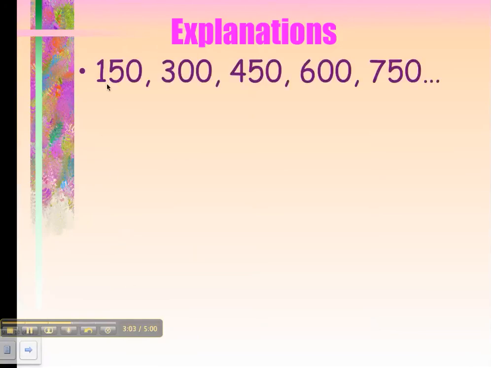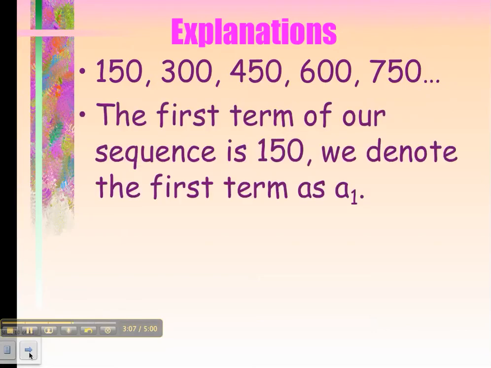So we're going to explain a couple parts of what a sequence is. Let's say I take the sequence from before, and it could actually keep going. The first term of our sequence is 150. That's this number here. Now, to denote the first term of a sequence in general, we're going to use the term a sub 1. That represents the first term in a sequence.